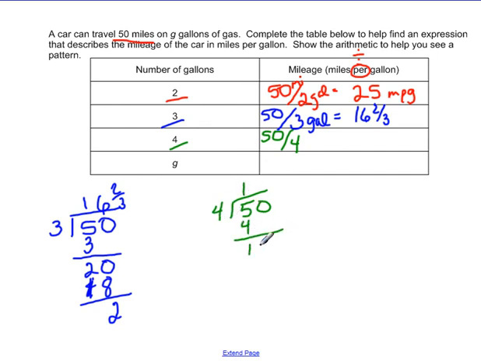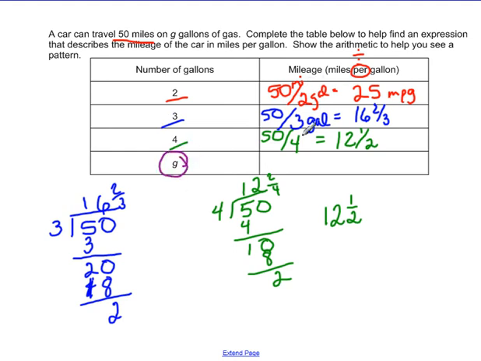We do the subtraction and bring down the 0. 4 goes into 10 twice, and that gives me 8 with a remainder of 2. So that's going to give me 12 and 2/4. But I'm not too amused about 2/4. We want to change that to 12 and 1/2. Simplify that fraction. So that would be 12.5 miles per gallon.